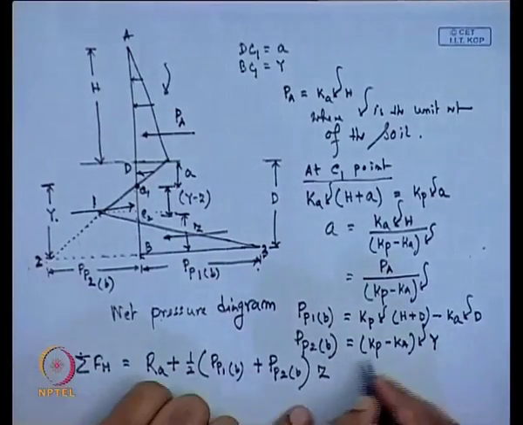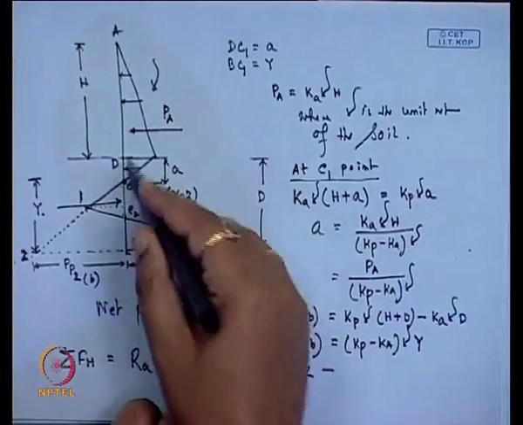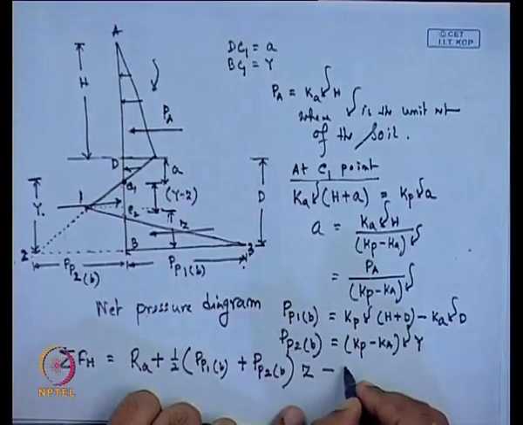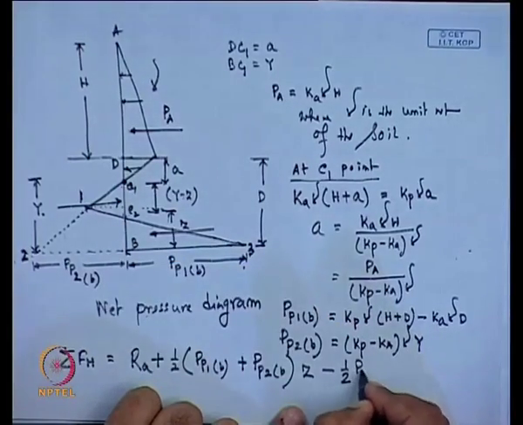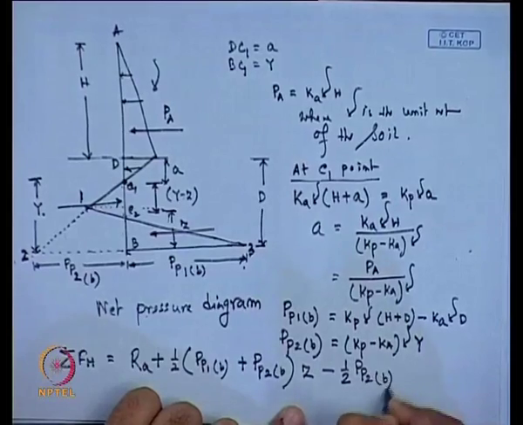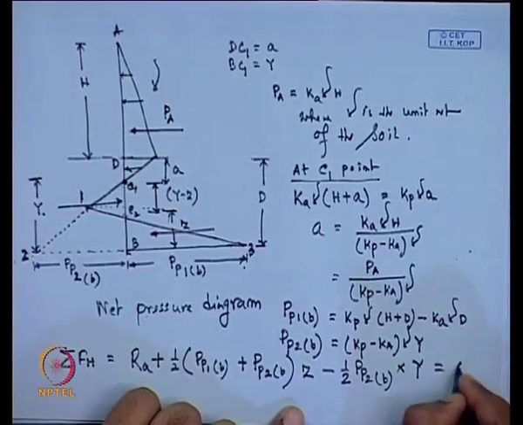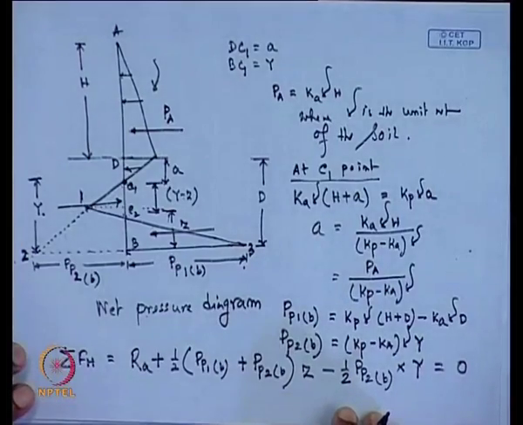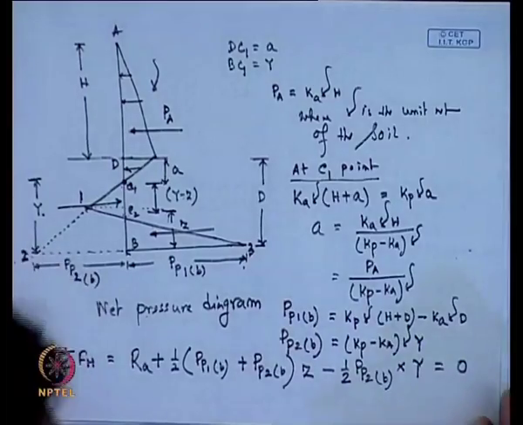Then subtracting the other triangle, that is height y, half into base P P 2 B into y. So, that force will be 0. For the equilibrium, these forces will be 0.